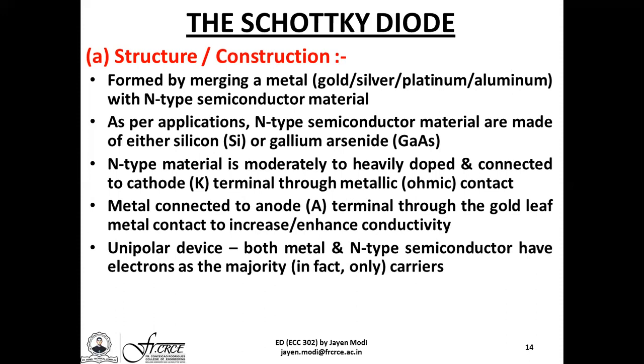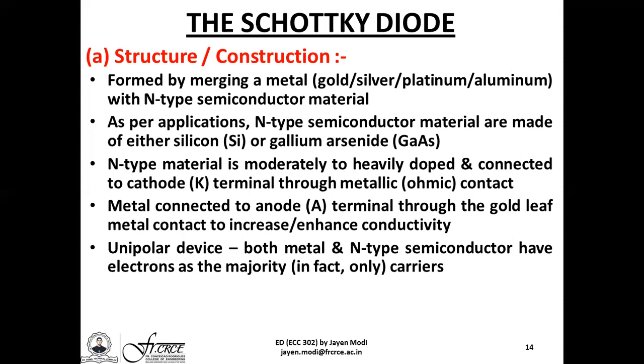Schottky diodes are unipolar devices. Both the metal and the n-type semiconductor have electrons as the majority, in fact the only carriers present. Although you may argue that the n-type semiconductor has a bit of holes, looking at the entire diode as a complete piece, the metal has electrons and there are no holes, of course.